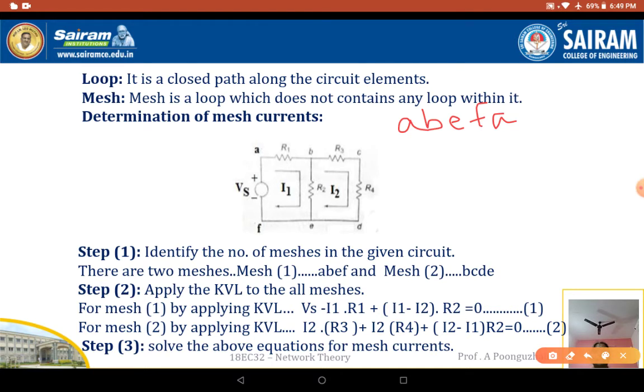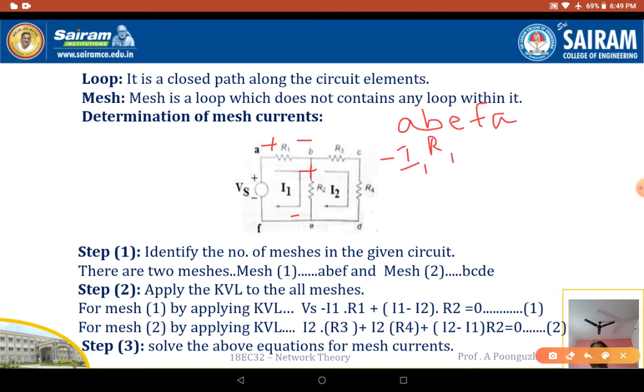Now in this loop we write the KVL equation. We assume that the current flowing in this loop is I1, and in the other loop it is I2. When the current flows from A to B, we mark this as plus and this as minus. And when it flows from B to E, we mark this as plus and this as minus. Now we write the KVL equation starting from node A. The current flowing through R1 is I1, so going from plus to minus gives minus I1 into R1.